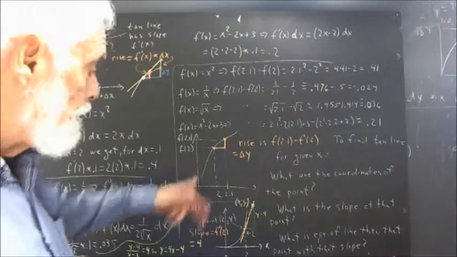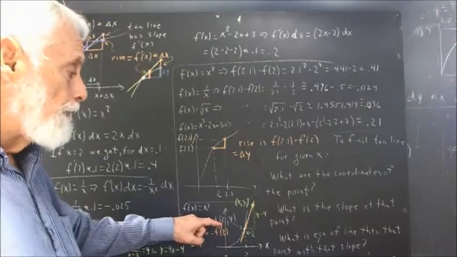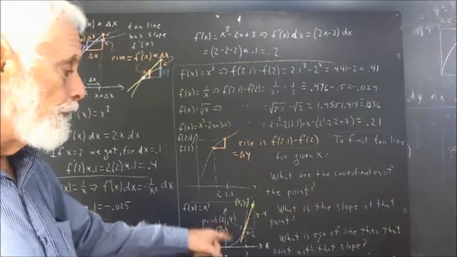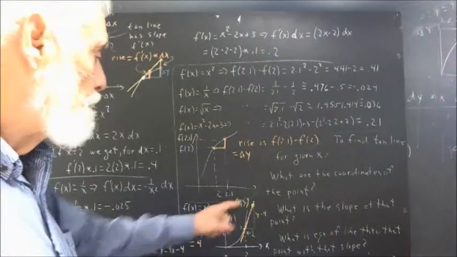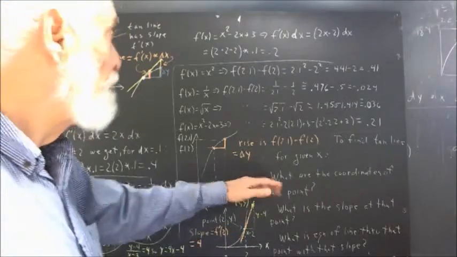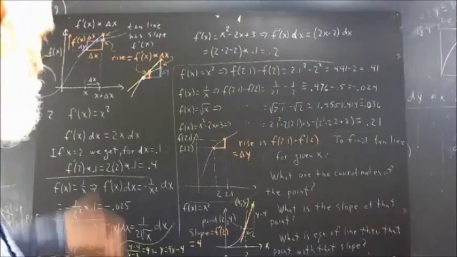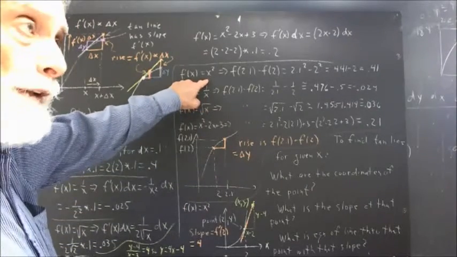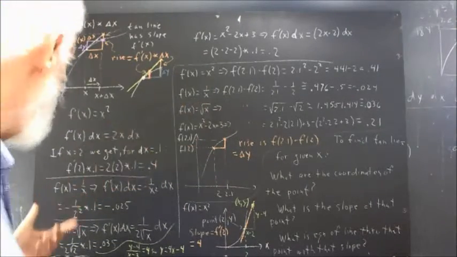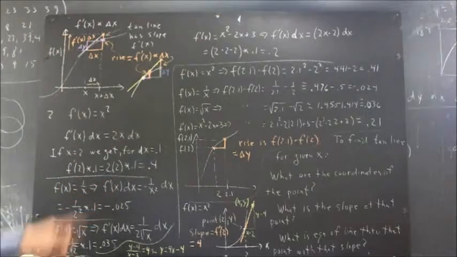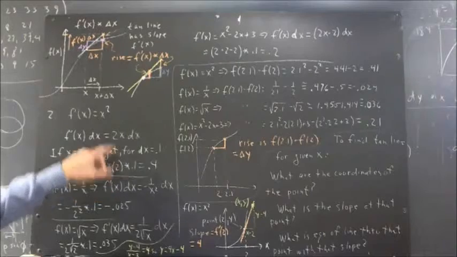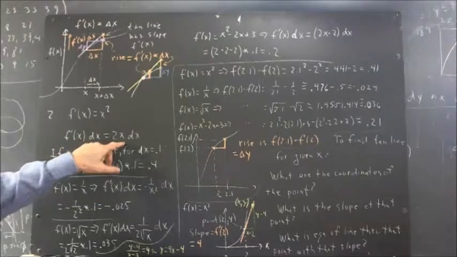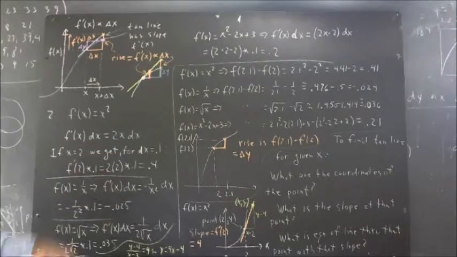So, for the f of x equals x squared, the point on the curve is 2, 4. We have our tangent line. Our tangent line has a slope. What's the slope of that tangent line? Well, it's f prime of x. What's f prime of x? For f of x equals x squared, it's 2x. Remember, we calculated that over here. F prime of 2 was 2 times 2, f prime of x being equal to 2x, and that's 4.